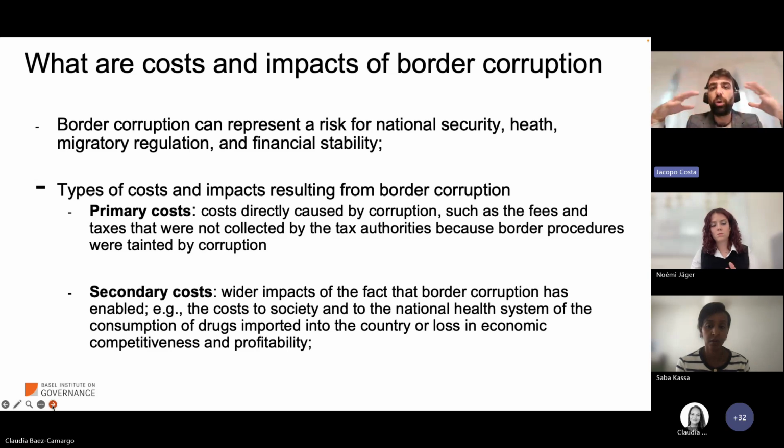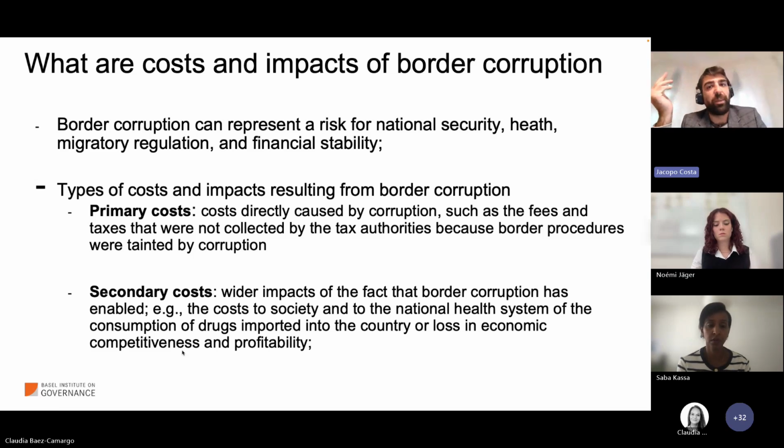So this is just to give you an idea that border corruption can impact the well-being of a state, of a country, not just through direct costs that happen at the border, but also through secondary ones, like an increase in violence, for example.